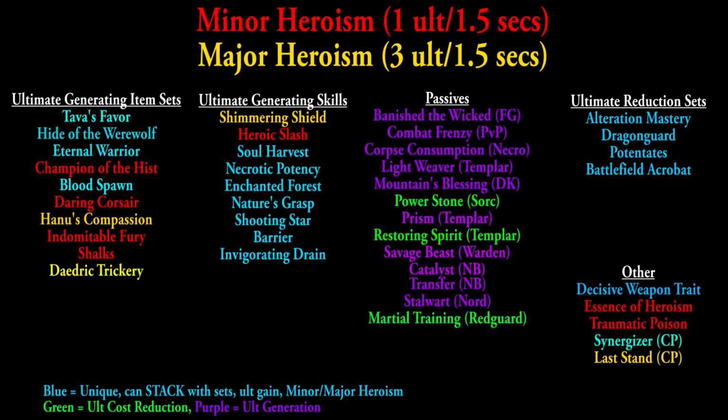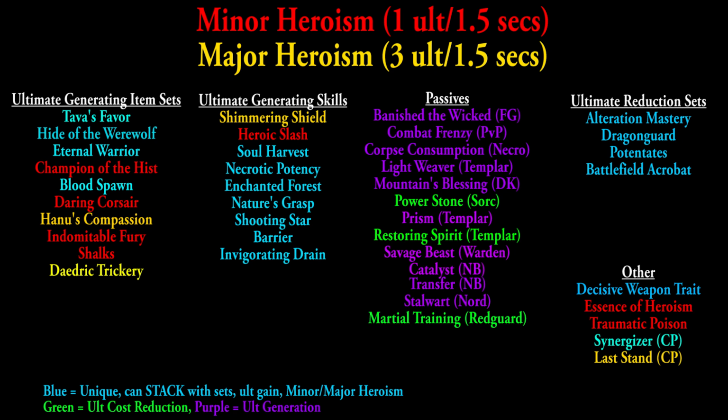We have Shimmering Shield from the Wardens, Daedric Trickery, the craftable item set, and the Last Stand perk from the CP tree that gives Major Heroism, which is 3 ultimate every 1.5 seconds. So you've got to read those tooltips very carefully, because minor and major buffs do not stack on top of the same minor and major buffs and debuffs.